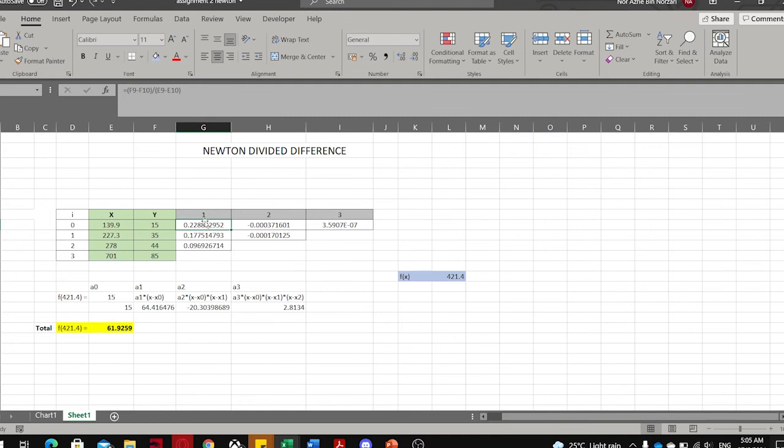We just put all the formula inside here with the data of x and y. After that, all the data we got in this column, we sum them up, and we get the total for the point of 4 to 1.4. So this is our result for the Newton divided difference. We can see here that our software simulation is the same as the manual calculation.